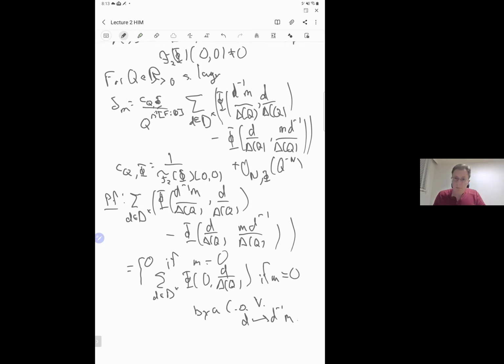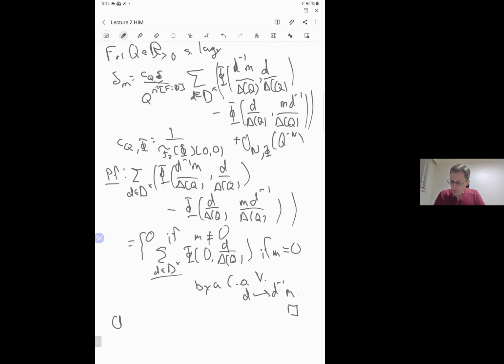And then you use Poisson summation to estimate this term as before.